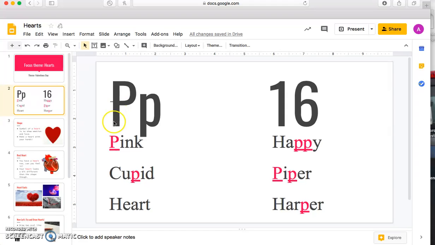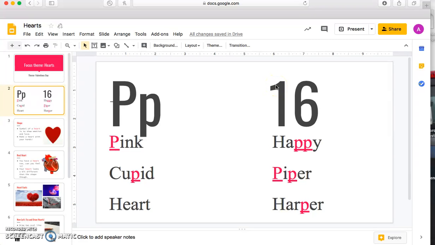You'll just do this down and around with them, and then we're going to move on to the little p, and we're going to go down, come back up and go around. And then you're going to talk about the number of the week, which is 16 in this case.